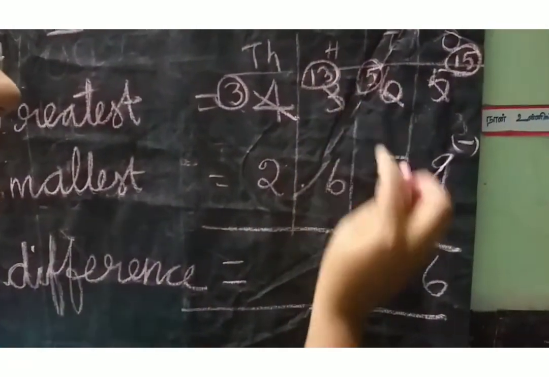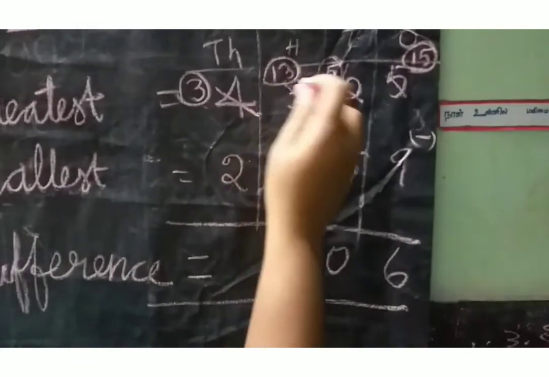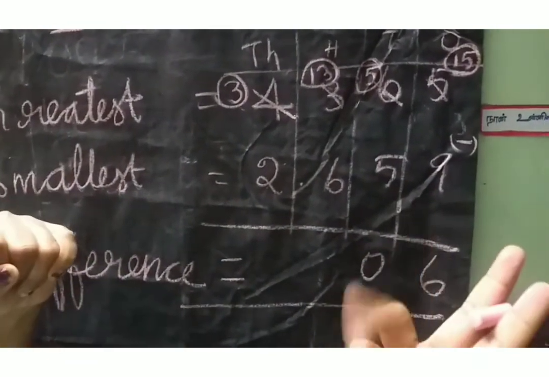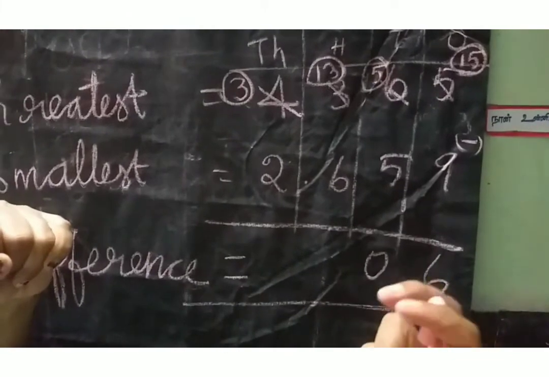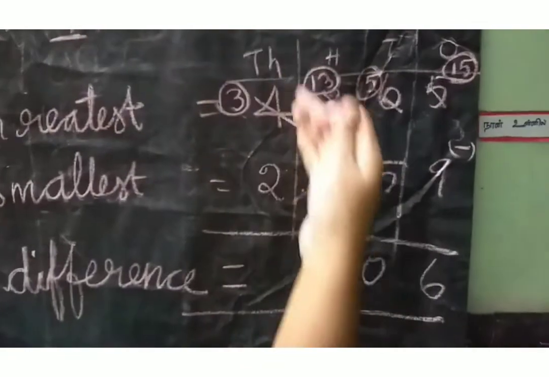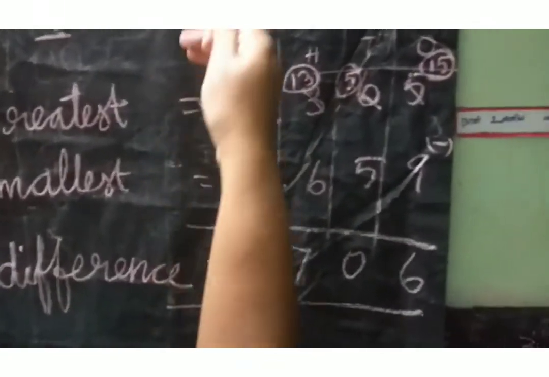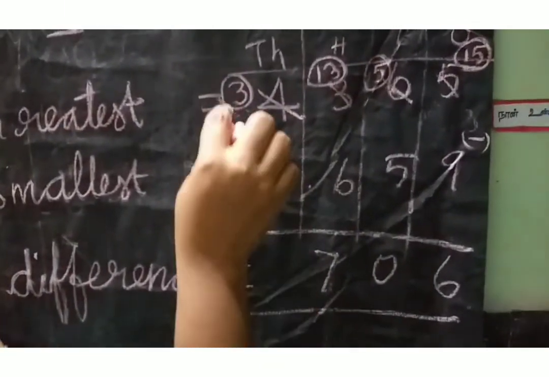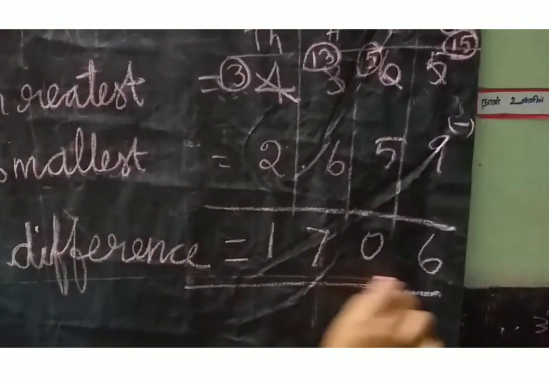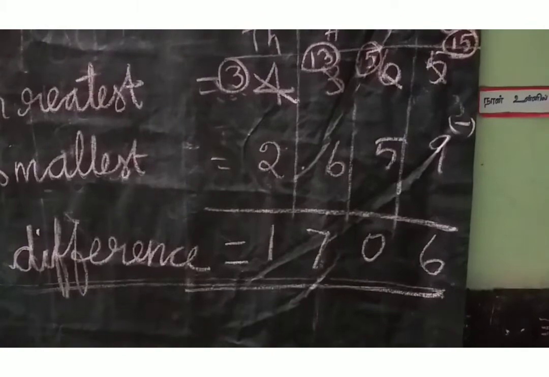So you get the number 13. So 13 in the mind, 6 in the fingers. 13 before, 12, 11, 10, 9, 8, 7. So the answer is 7. Here where is the greatest number? Above. Above means you have to subtract directly. So 3 minus 2 is 1. So the difference is the answer.